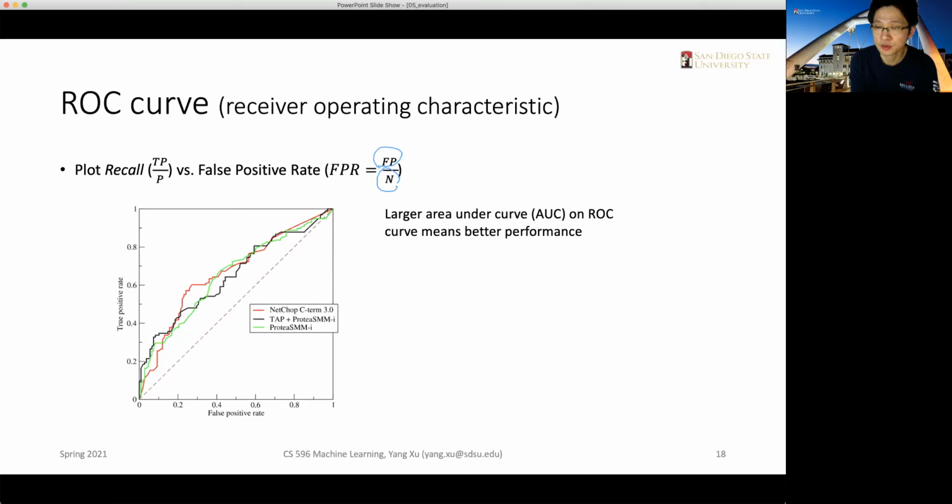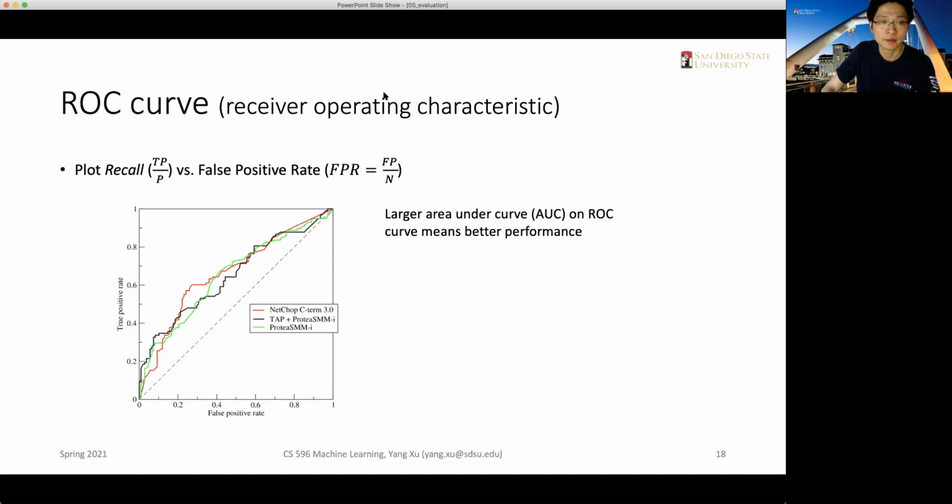Okay, because you want to recall as many positives as possible, then you are being bold, right? Being bold, one consequence is that you are making false positive predictions. So the curve represents the trade-off between the two, but the one that has the largest area under the curve is the best model we can have.